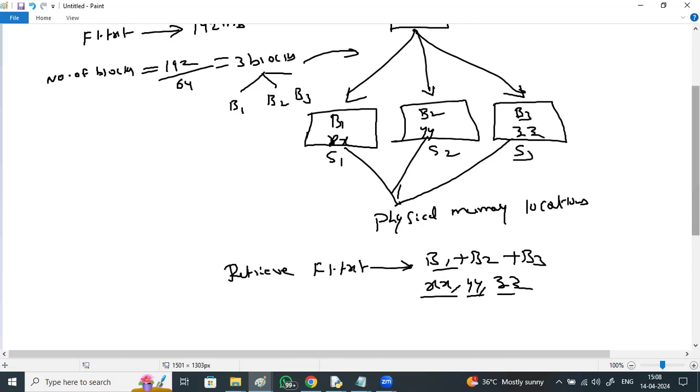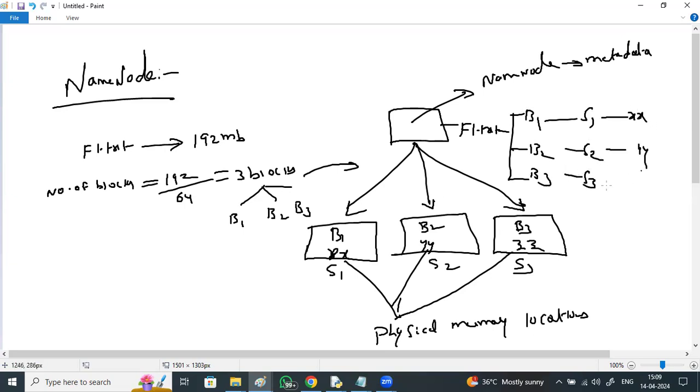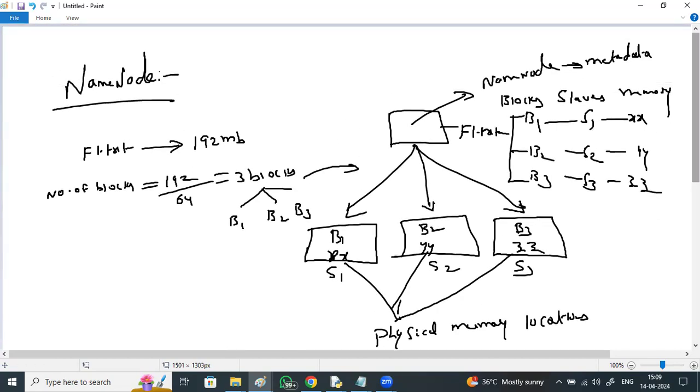What is the name node's responsibility? The file is divided into how many blocks: B1, B2, B3. They are stored in which systems: S1, S2, and S3. And what are the memory location addresses, XX, YY. That is what it has to maintain: the blocks the file has, which slaves they are stored in, and the memory location addresses. This entire thing is maintained within the name node.